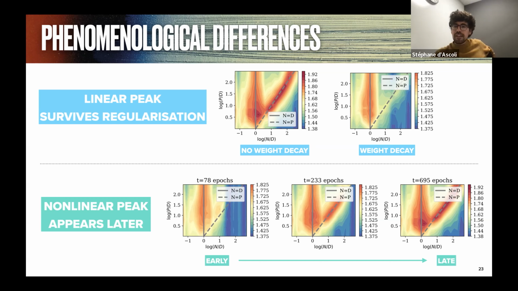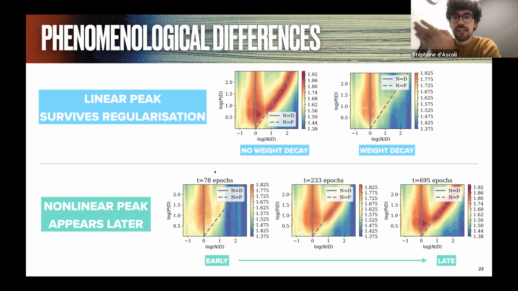But you can see that the n equals d peak, the linear peak, survives here. This can also be seen when we did early stopping: we killed the nonlinear peak. You can also see in these time plots that if you do early stopping, again, you kill the nonlinear peak, but the linear peak survives.